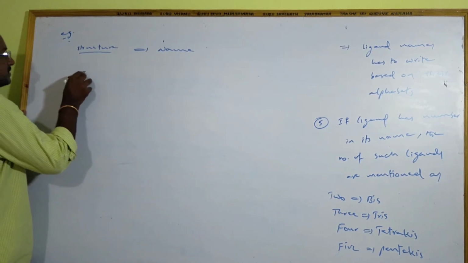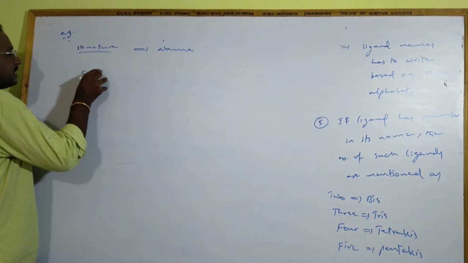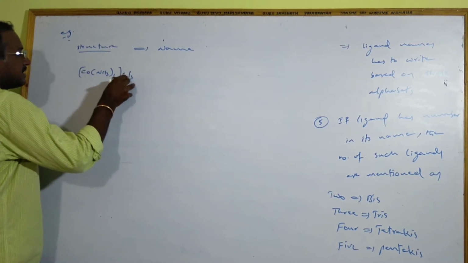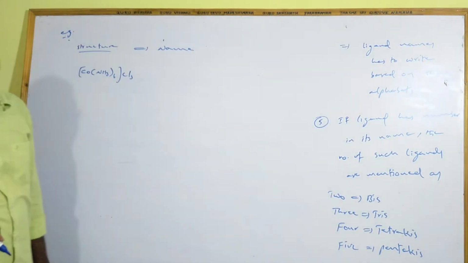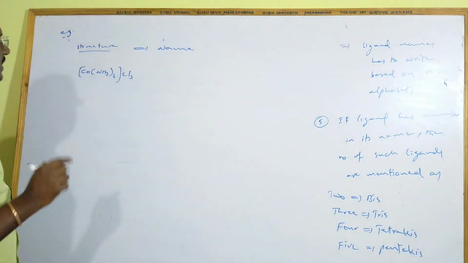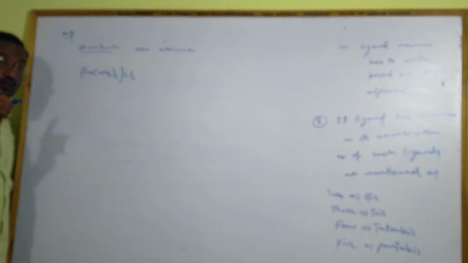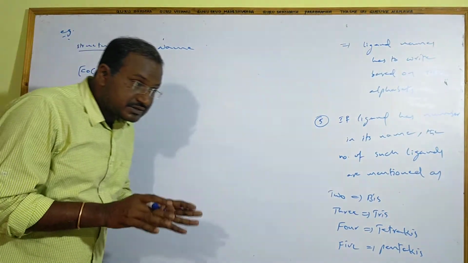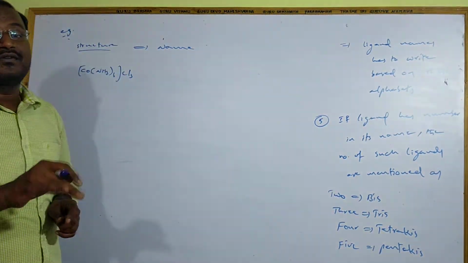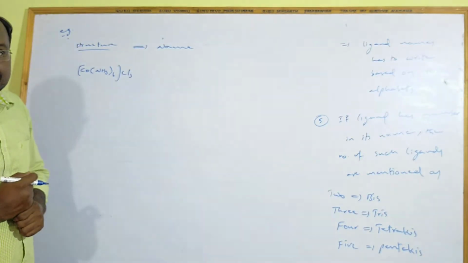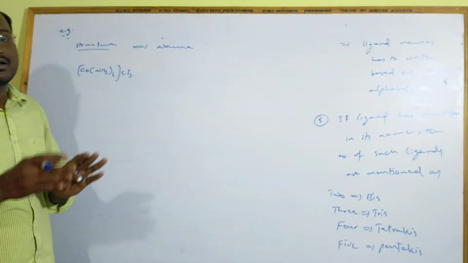Suppose [Co(NH3)6]Cl3 is given and they ask for the name. A simple example, that's why I am taking this. What is the first rule? You have to say the cation name first, after that the anion. So first you have to identify what the cation is here, simple or complex.